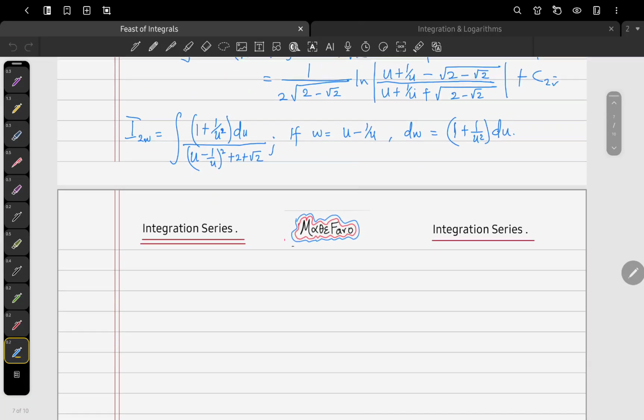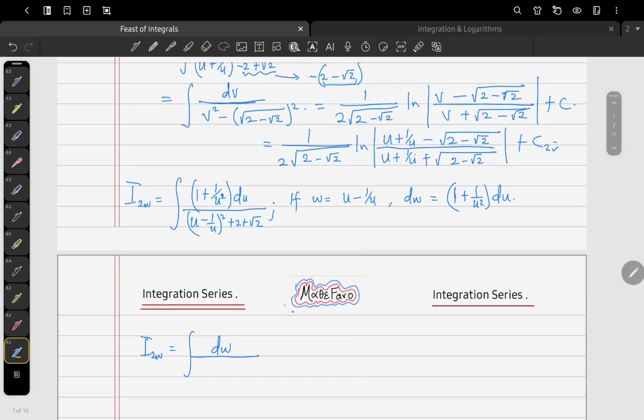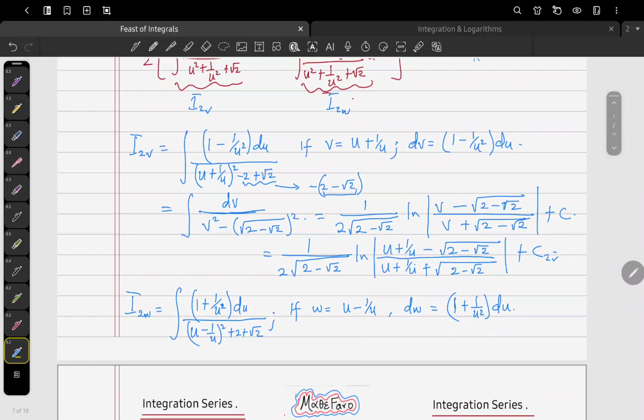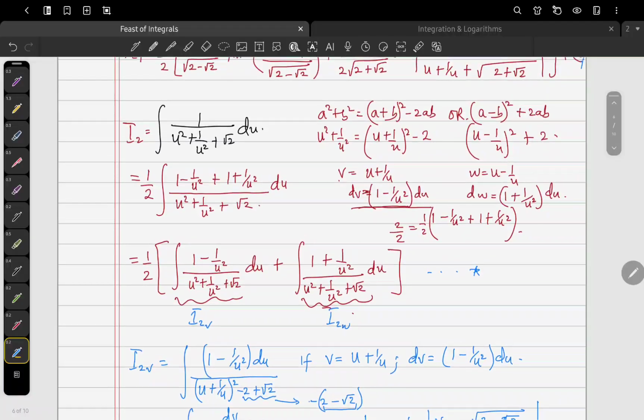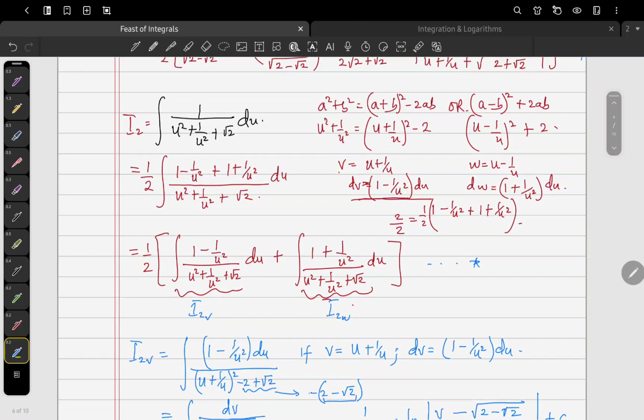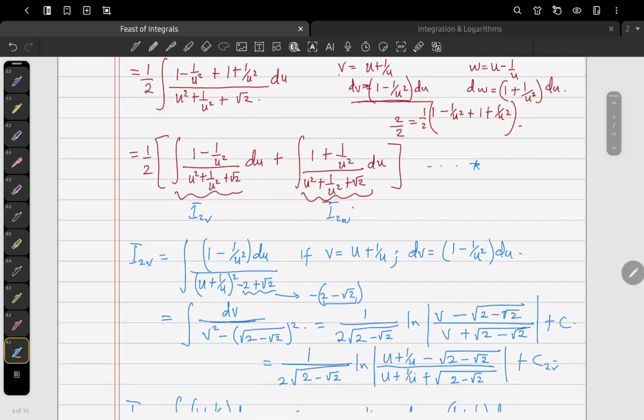So we can rewrite I2w to be equal to the integral of dw over, yes, let me check if I made a mistake. So if we make w to be u minus, oh, looks like I'm making a mistake.